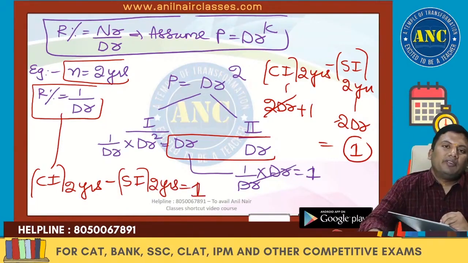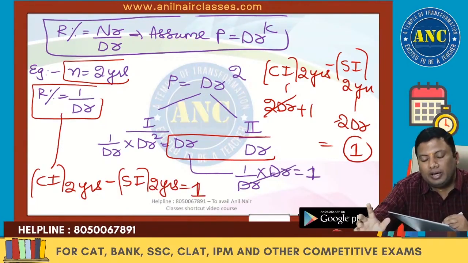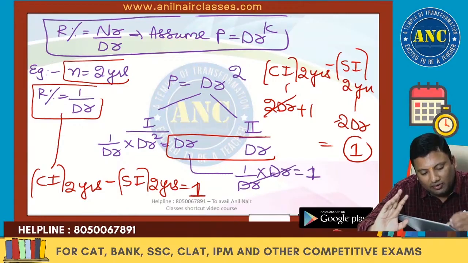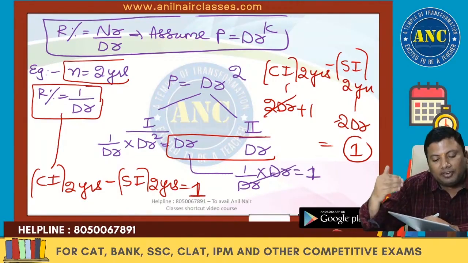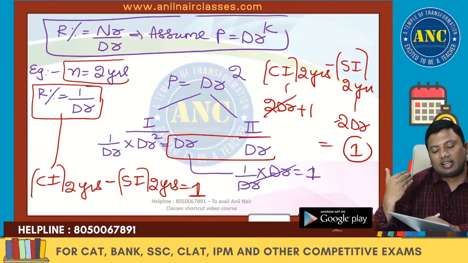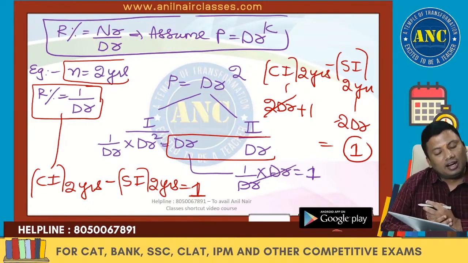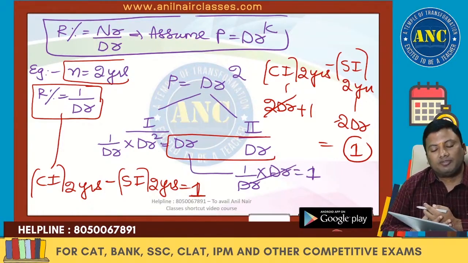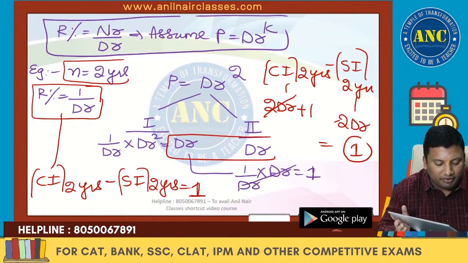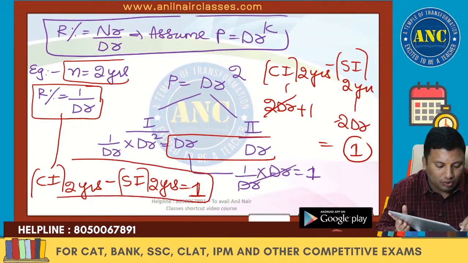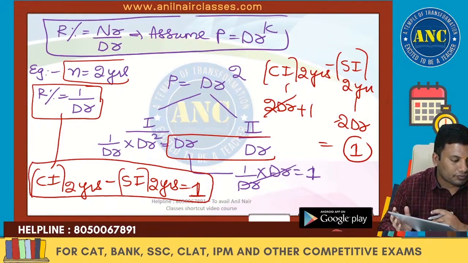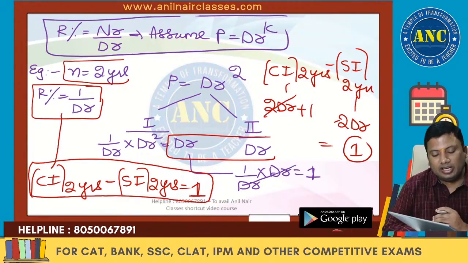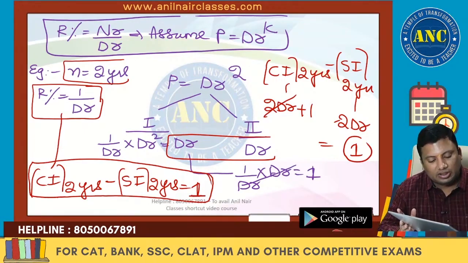The difference between compound interest and simple interest for 2 years will be 1 if R percentage is 1 by dr. After this concept I will discuss what if it is not of the form 1 by dr.